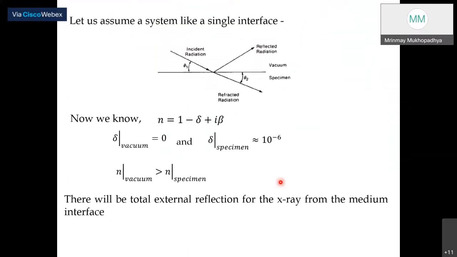And then I will come to this slide, which was not discussed. Basically, as I already told you, we have an incident radiation coming in. This is a material which is called a specimen or substrate. This is the interface, vacuum is this part, and your material is this part.